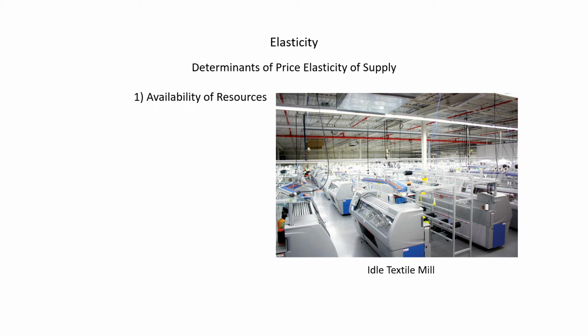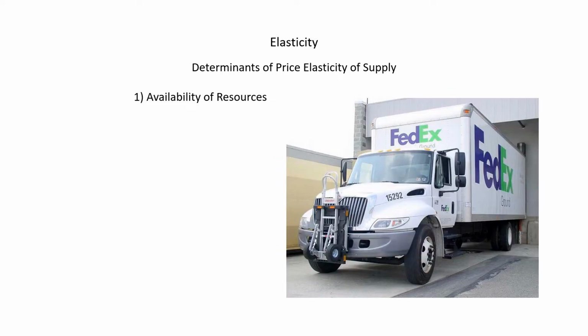If for some reason the price of screen printed t-shirts went up, the firm would not be able to respond because they'd have to wait 6 months for the blank t-shirts. But if there were no supply chain issues, if they could have blank t-shirts delivered the next day with just a phone call or an email, they could have been much more responsive to changes in price. The supply would have been much more elastic.